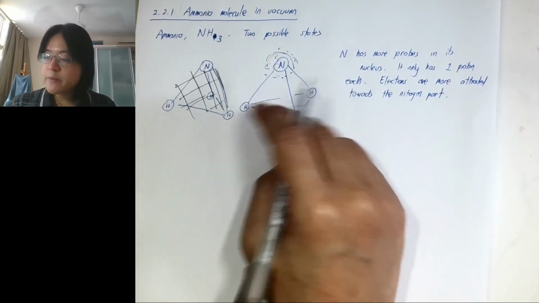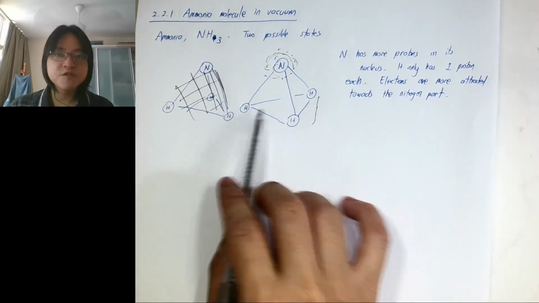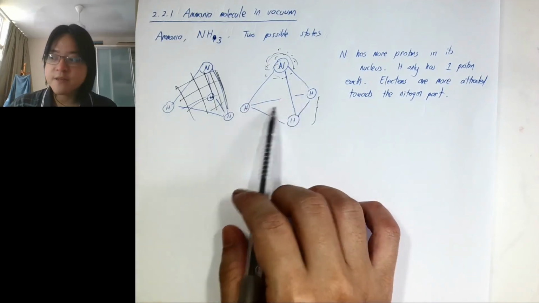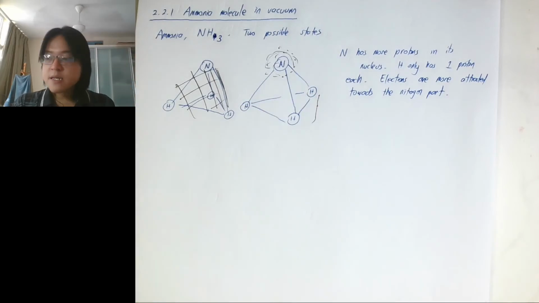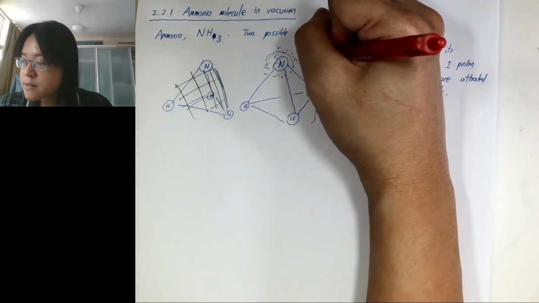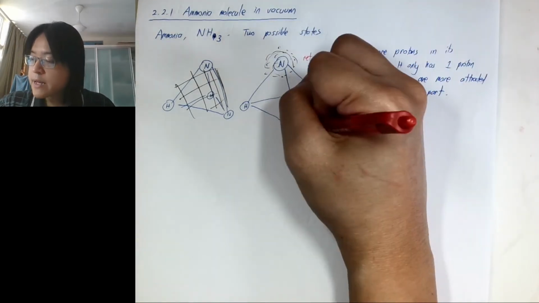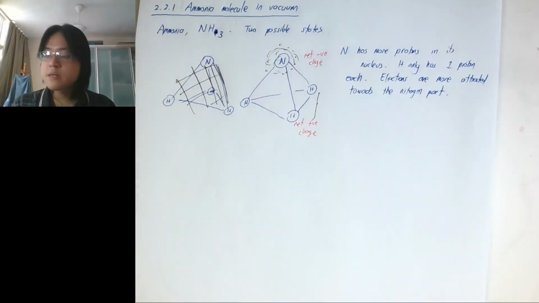So this part will be lacking electrons. Then I have 3 hydrogen nuclei which are positively charged. Most of the electrons are attracted up here, so there is going to be a net negative charge on the top part and a net positive charge on the bottom part.